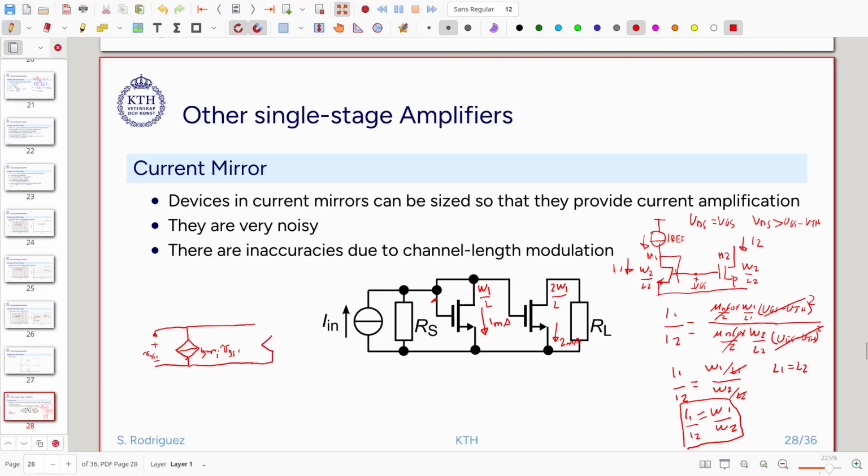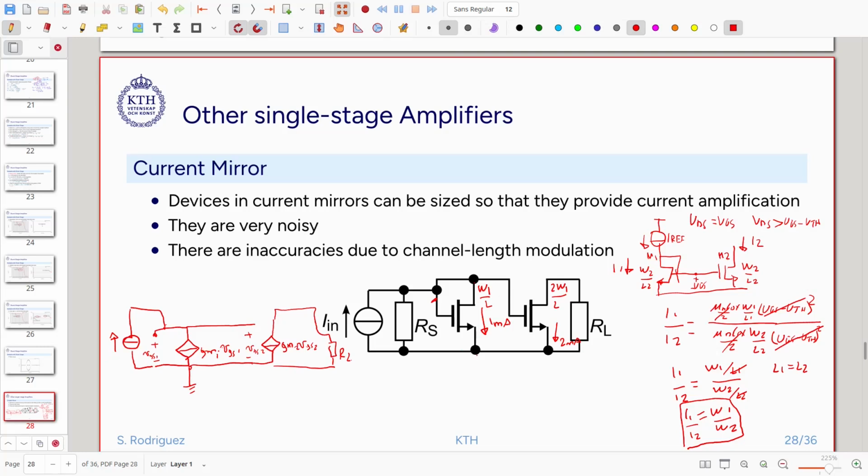In the second transistor we have gm2 vgs2, that is this voltage, vgs2, and that is what is going to be connected to the load here, RL. And then here we connect the current source.